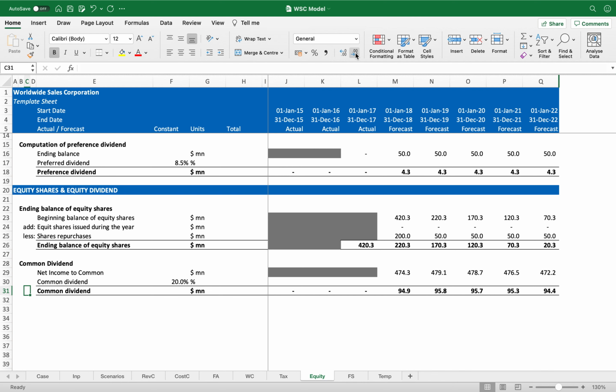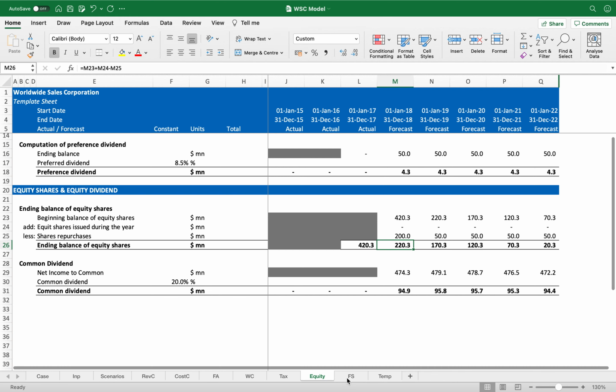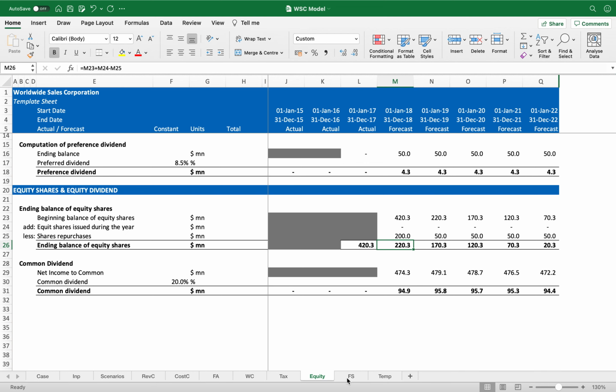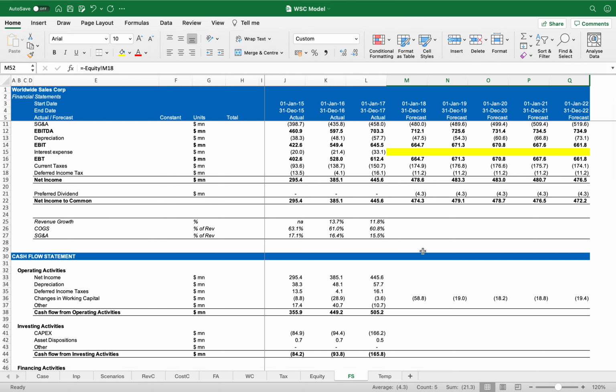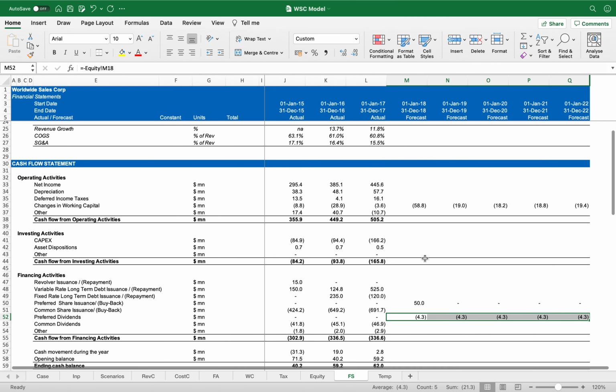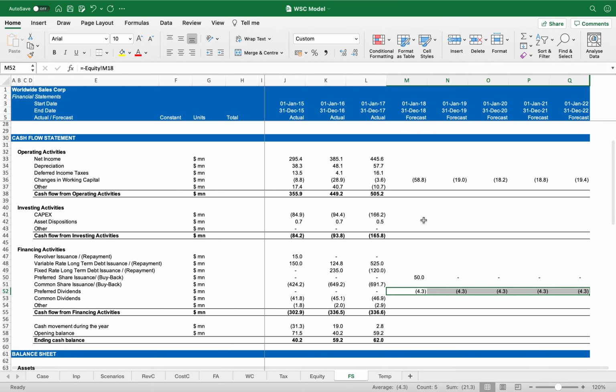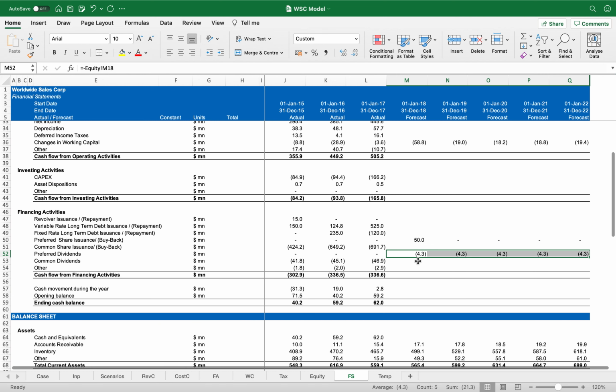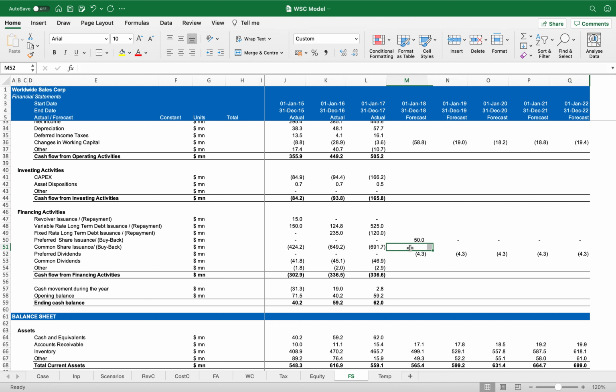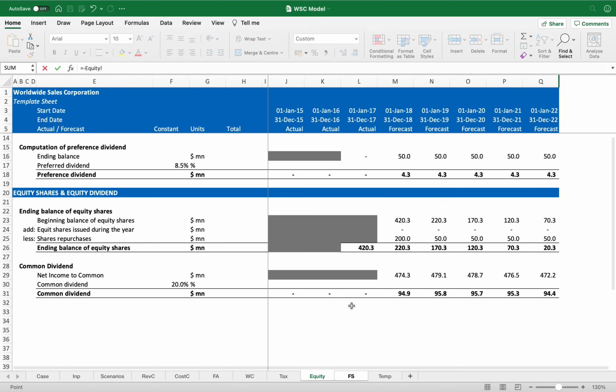Now, that's it regarding equity shares and equity dividend. So let's see, where can I link this equity share balance and common dividend balance? In the financial statements, let's look at the cash flow statement. In the financing activities, I would be required to mention common share issues or buybacks. I don't have issues, but I definitely have some buybacks.